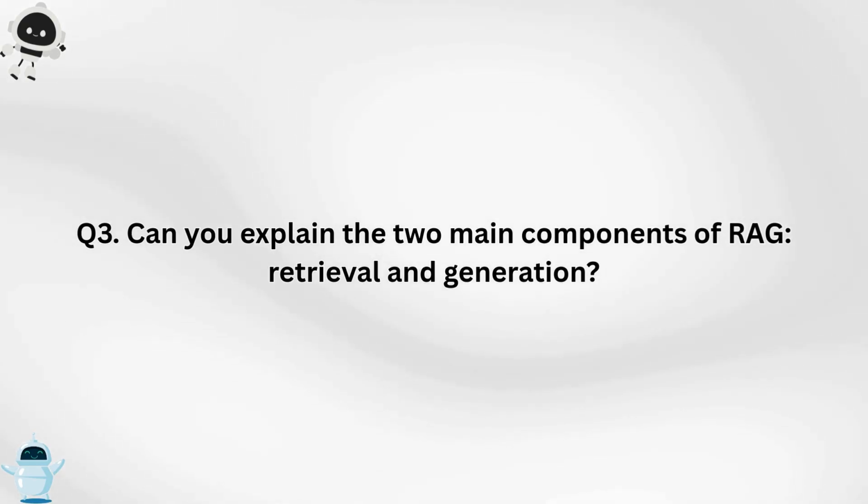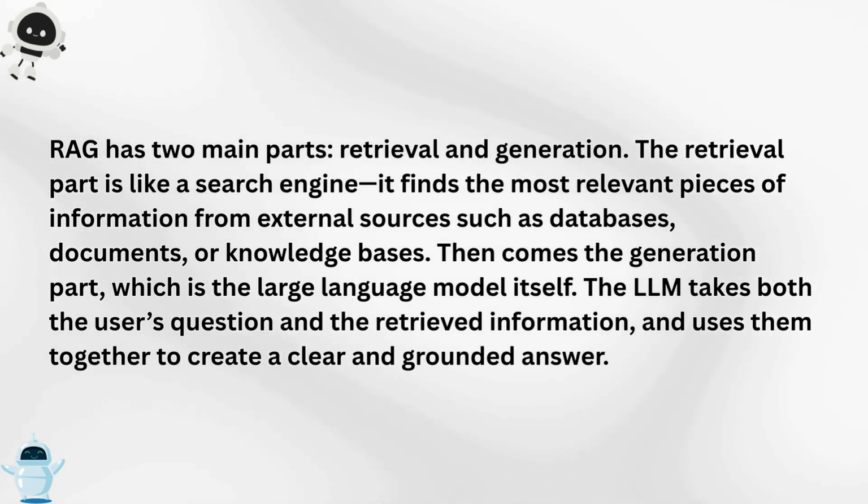Can you explain the two main components of RAG, retrieval and generation? RAG has two main parts, retrieval and generation. The retrieval part is like a search engine. It finds the most relevant pieces of information from external sources, such as databases, documents, or knowledge bases. Then comes the generation part, which is the large language model itself.